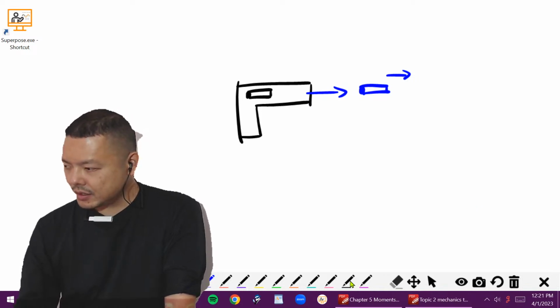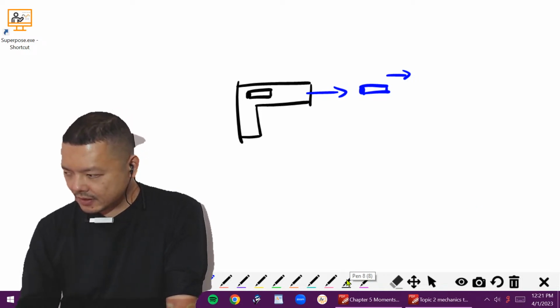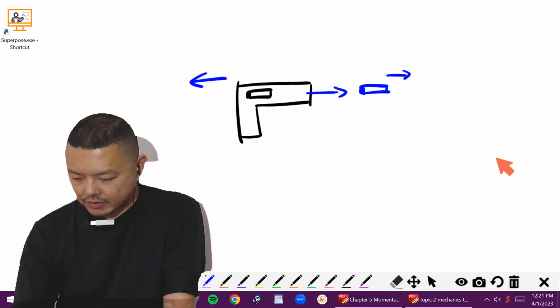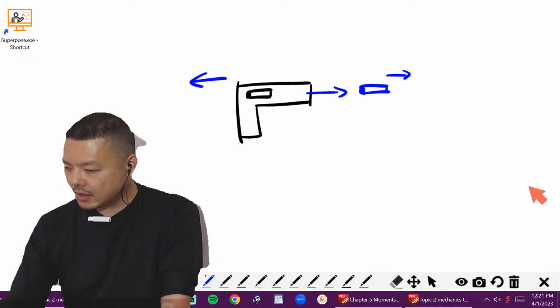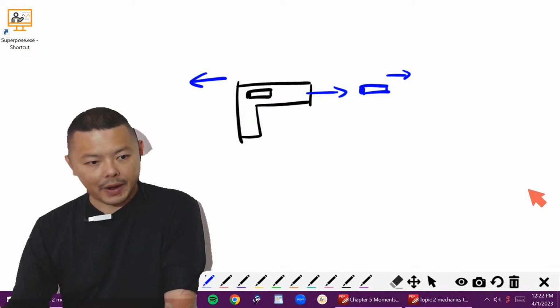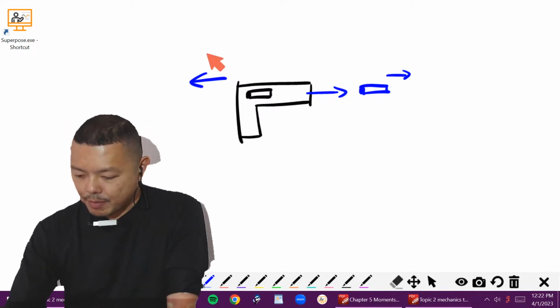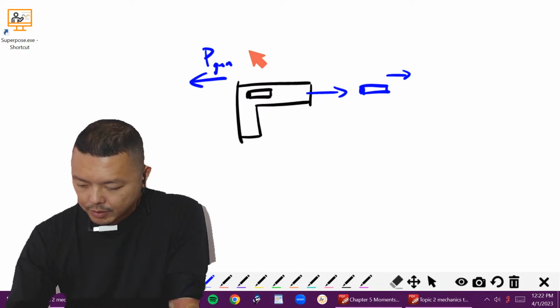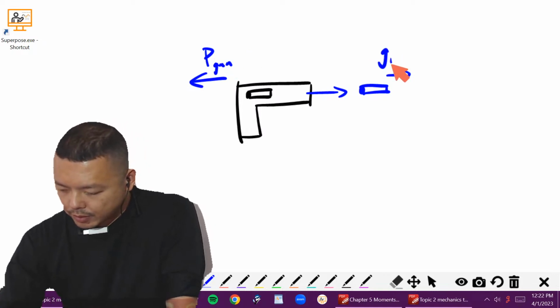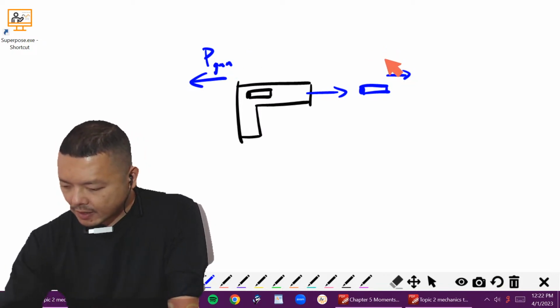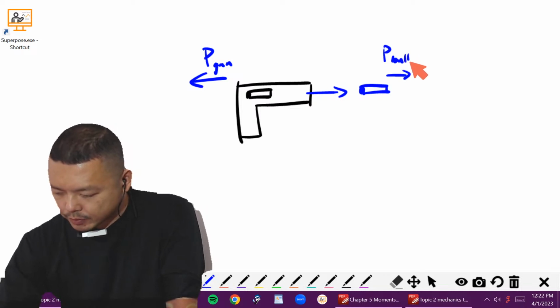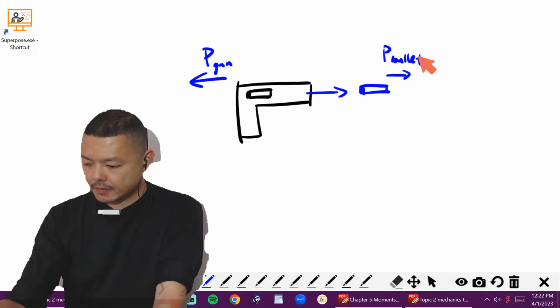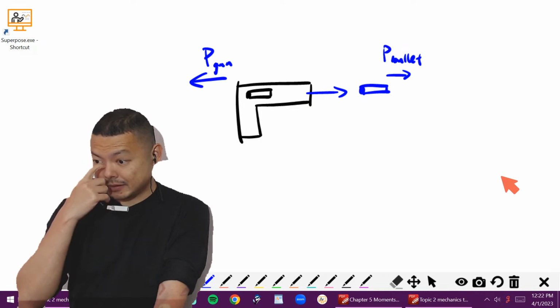The gun should also have a backwards momentum. How much would these be? Momentum of the gun versus momentum of the bullet. They will be equal. Why should they be equal?